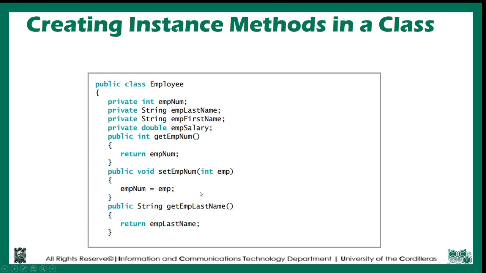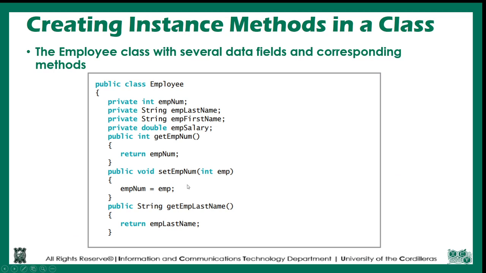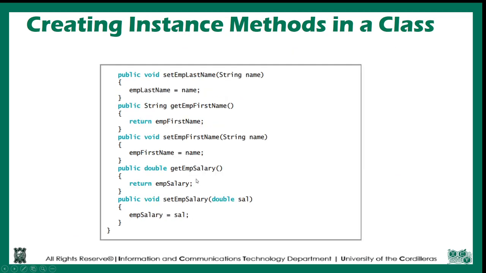We have a mutator and an accessor. This simply means any value that we place once we call setEmpnum will now automatically be retrieved by the getEmpnum method. Same goes for this one, return emp last name, and this one.